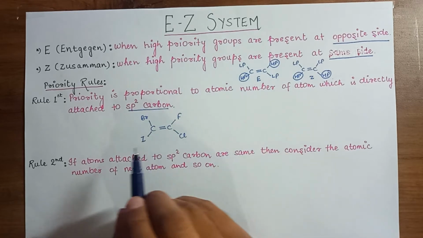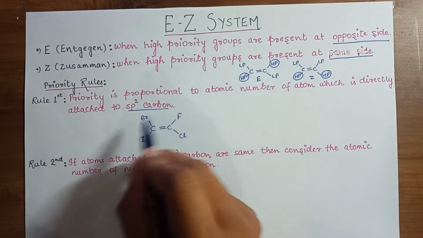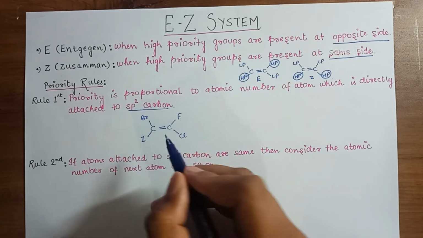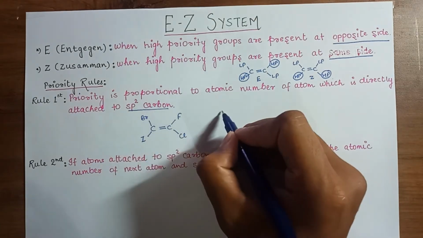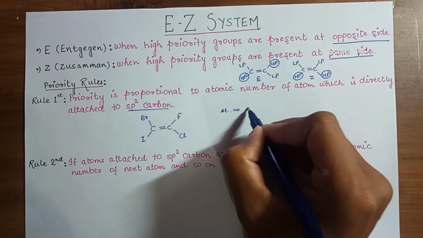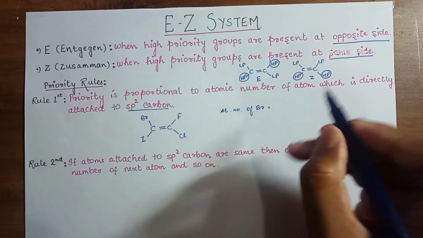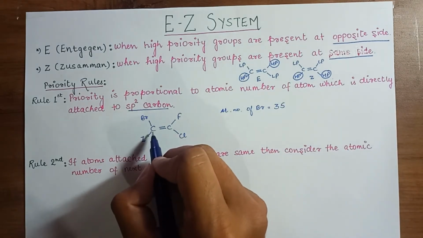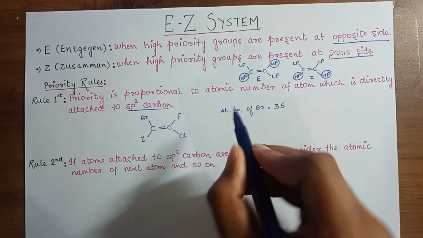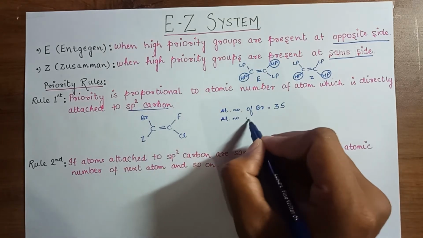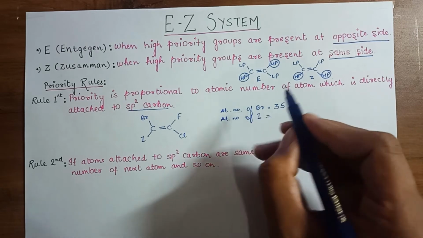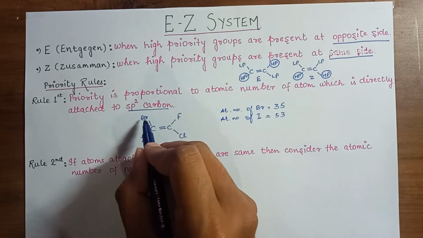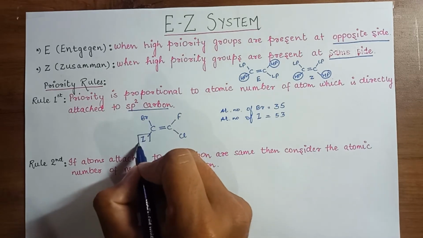The next point is to identify E or Z. Here we have to identify the high priority group on the basis of atomic number. The atomic number of Br is 35. You have to see the group attached to the same carbon first. The atomic number of iodine is 53. So the atomic number of iodine is greater as compared to bromine, so this is my high priority group.